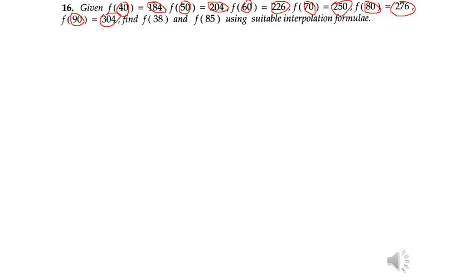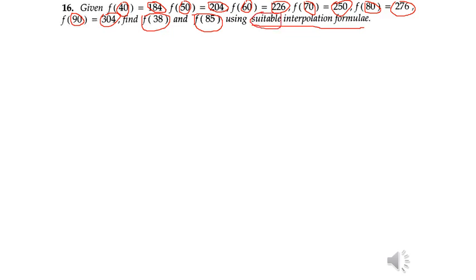Now they are asking us to find f of 38 and f of 85 using a suitable interpolation formula. Why are they asking using a suitable interpolation formula?